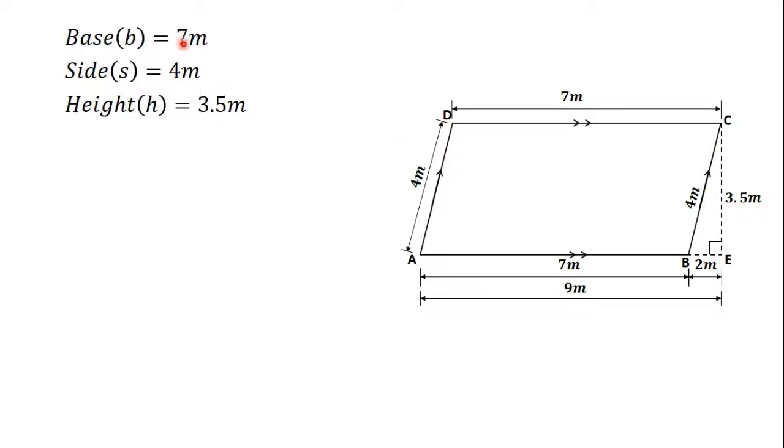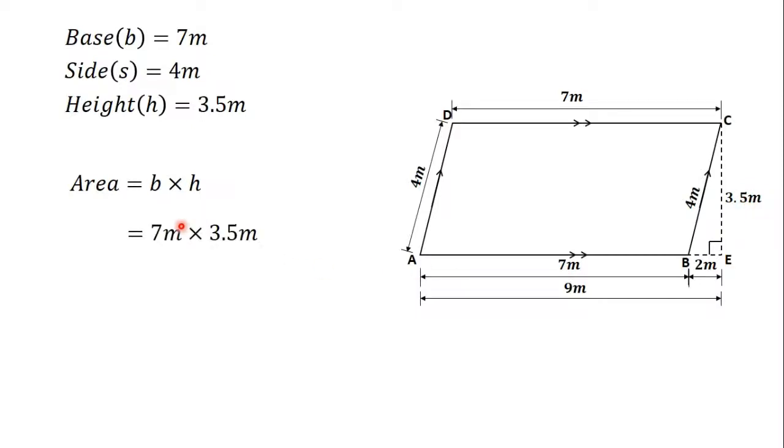We know that the base is 7 meters and the side is 4 meters. We want to find the area of the parallelogram. The area of a parallelogram is equal to the base times the height. We know that the base is 7 meters and we just found out that the height is 3.5 meters.